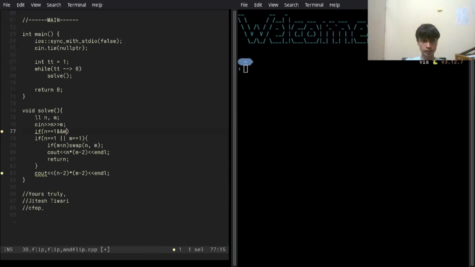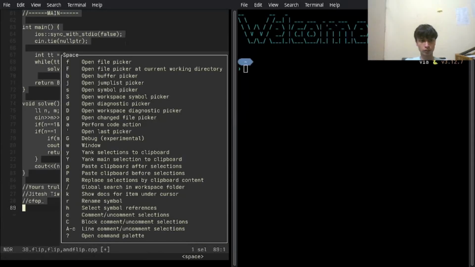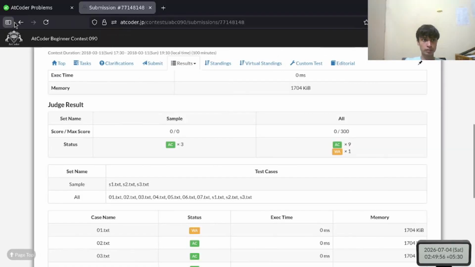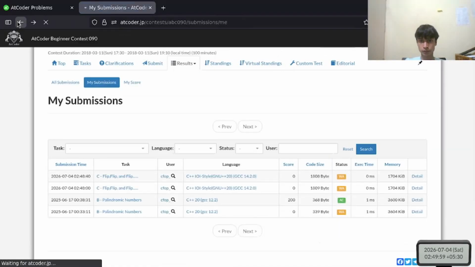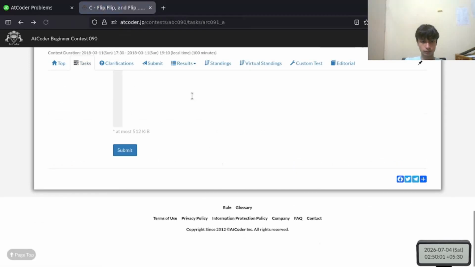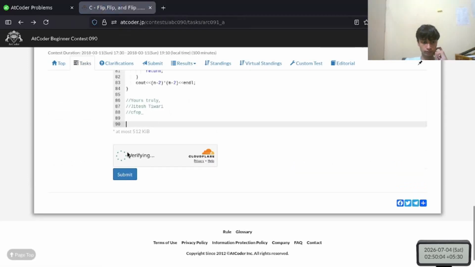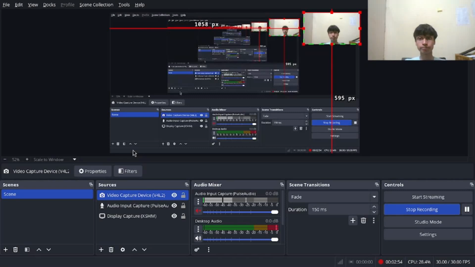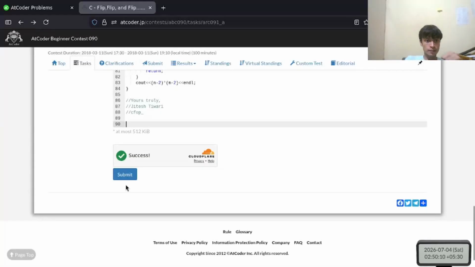N equals to 1, and then m equals to 1, we output 1. Return. I missed the third test case, which was pretty simple. I hope the recording is still going on. Yes, it is.